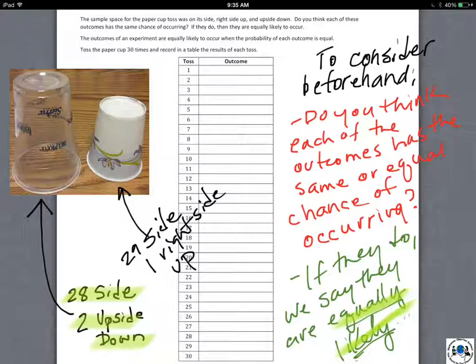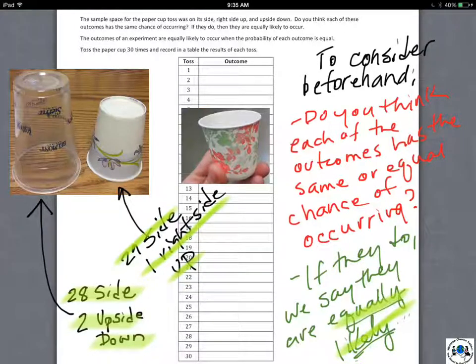Now, honestly, I thought the lower the profile, the smaller the cup, the more likely it would not have had so many side landings. Well, in my first 30 trials, as you can see, that was not the case whatsoever. It was actually even more lopsided towards the side, though how much more lopsided you can get, I don't know.